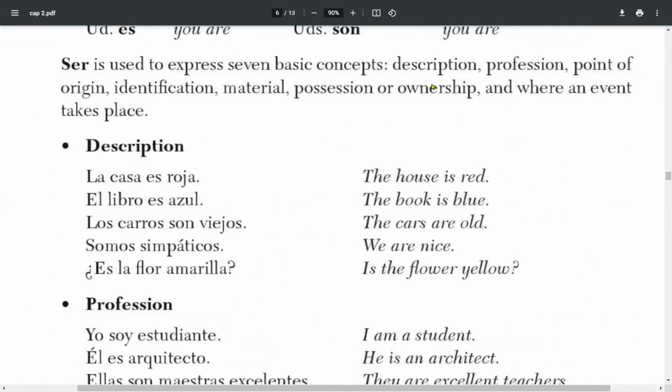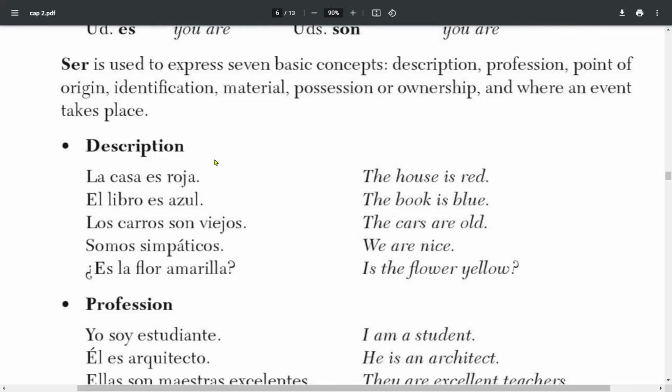So we have more reasons to use, or there are more categories with this verb, ser, than estar. And ser has the idea of something more enduring. Estar is temporary, and ser is more enduring, not absolutely enduring or permanent, but more enduring.